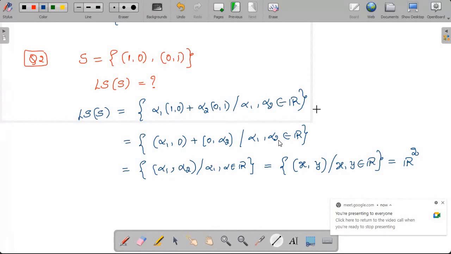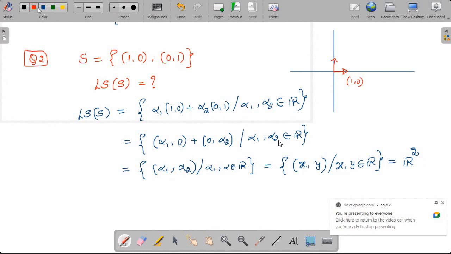And of course this has a geometrical meaning also. It is not just some additions or multiplications. Here (1, 0) is this and (0, 1) is here.